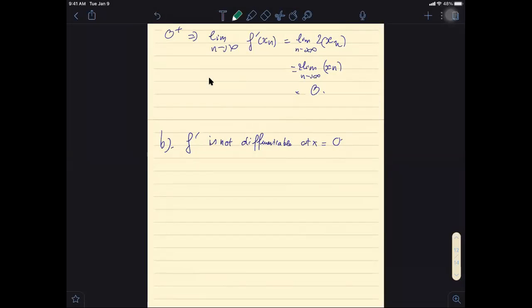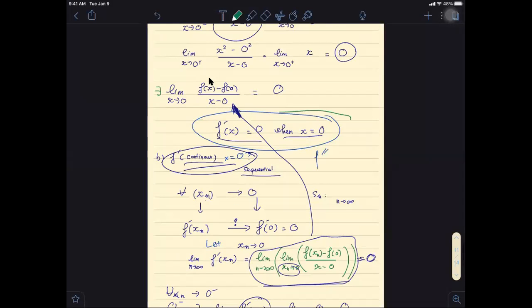So we pretty much do the same thing, but this time we do it for f prime. Take the limit as x approaches 0 from the right of f prime of x minus f prime of 0, over x minus 0. Here f prime of 0 is equal to 0, which we just proved right here.